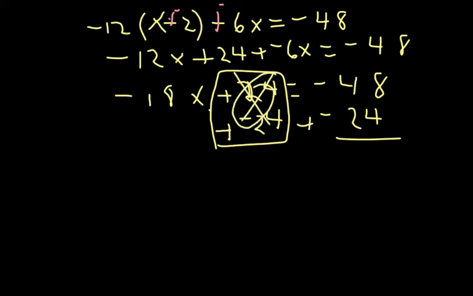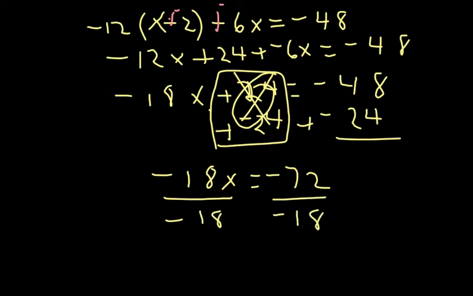It'll disappear. Negative 18x would equal negative 72. And divide both sides by negative 18. And 18 goes into 72 4 times. So we're left with x equals positive 4.